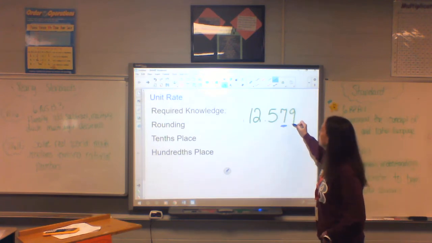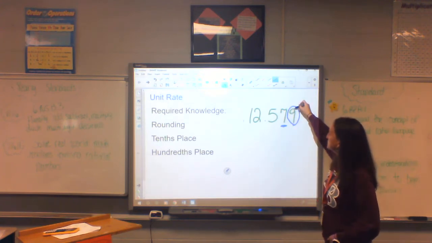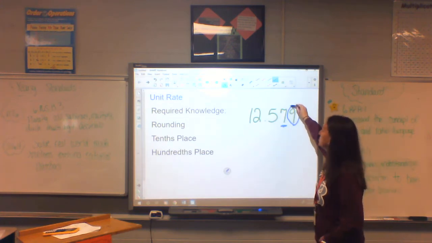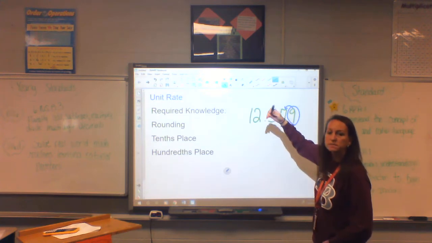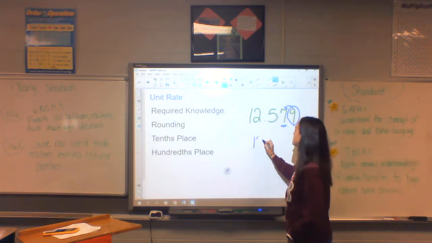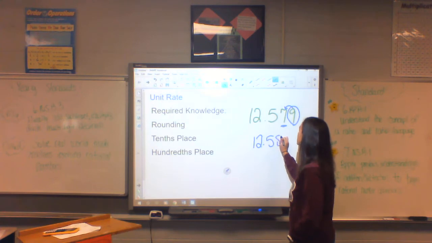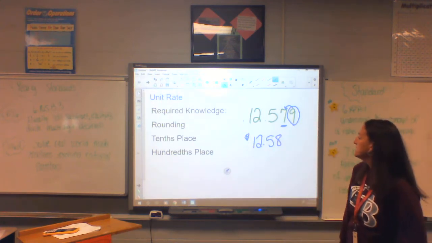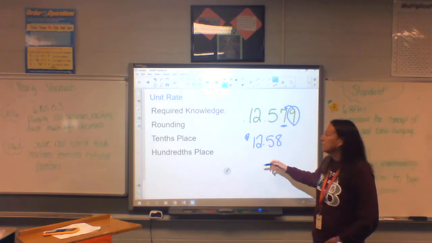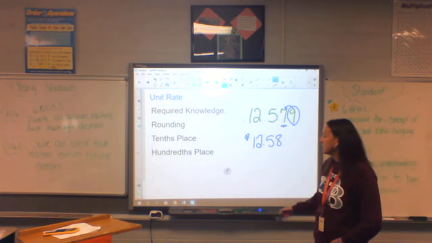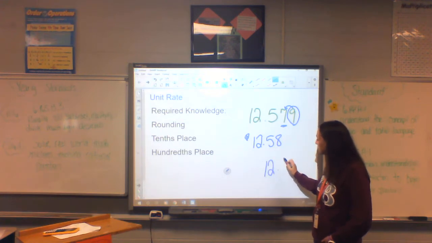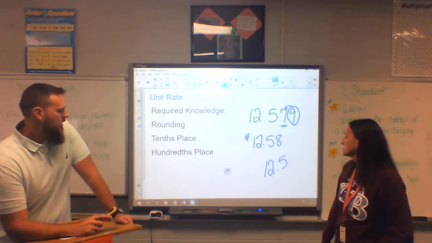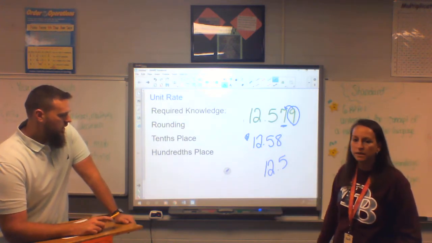All right? So we look at the number right next to it. Is that number 5 or more? It is. So we bump it up. So this 7 becomes an 8. So this would be $12.58 if we're dealing with money. Now, when you go to the store, and money is a big deal with our kids, if you get a number like this, and it's money, they tend to say, well, it's 12.5. Okay, well, what is that in money?